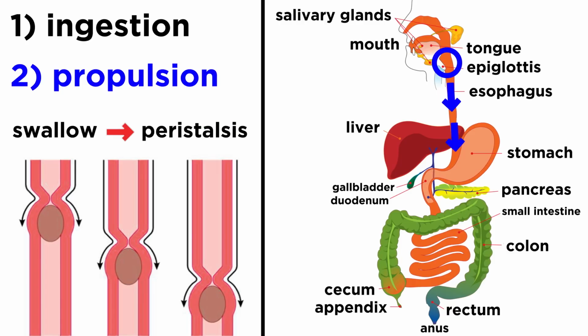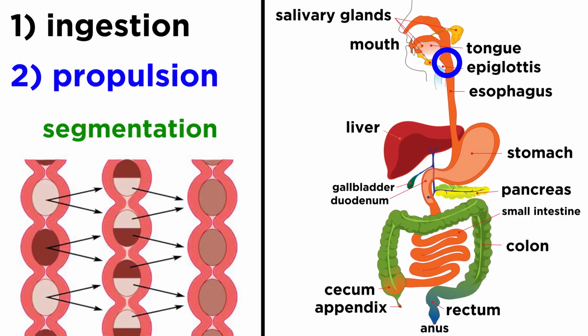These actions push food along the GI tract, down the pharynx and esophagus, and down into the stomach, eventually continuing through the intestines and out the anus. This happens with the help of an action called segmentation, or successive local constrictions in the GI tract.